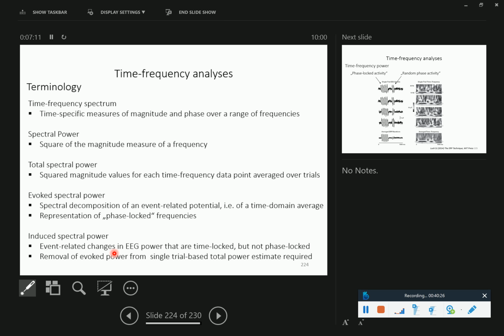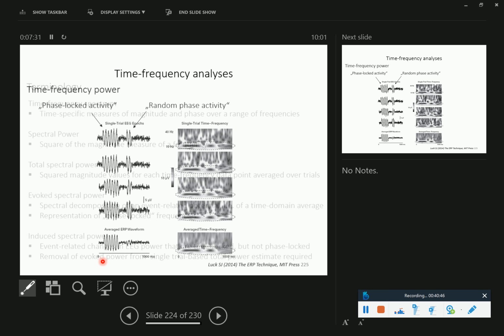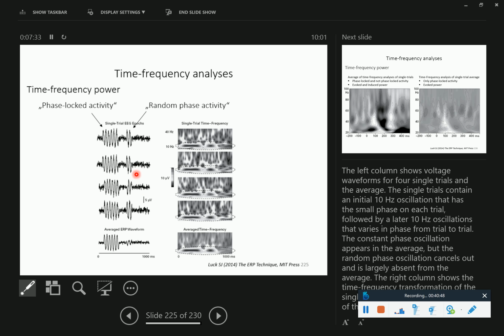And then you remove, ideally, from each single trial the evoked power to get the single trial based power spectrum, and then average this. Yeah, it's actually straightforward. I wonder why people are always so confused also when I do the oral exam. It's really straightforward.